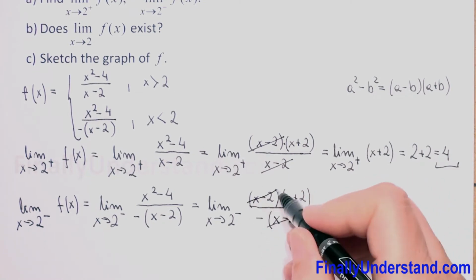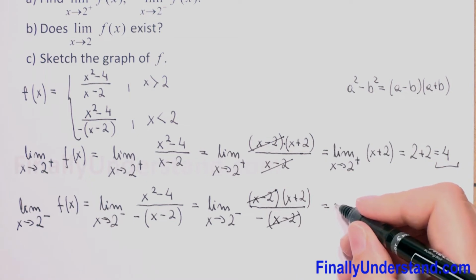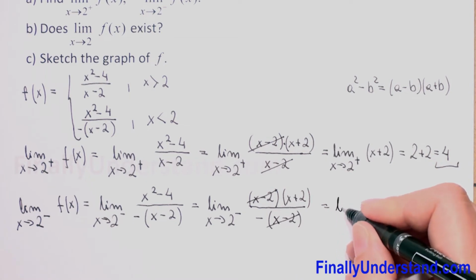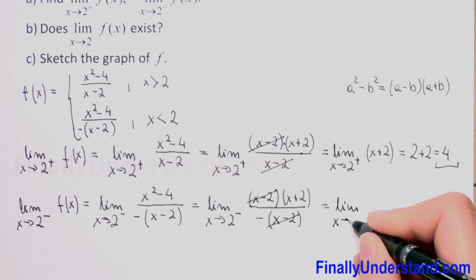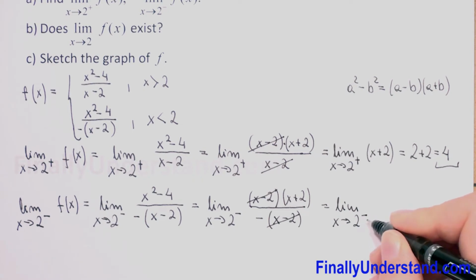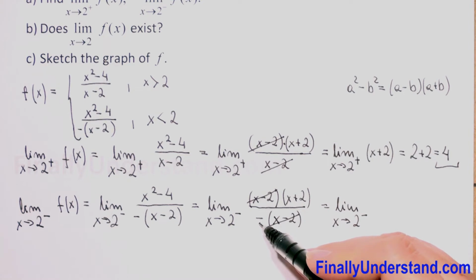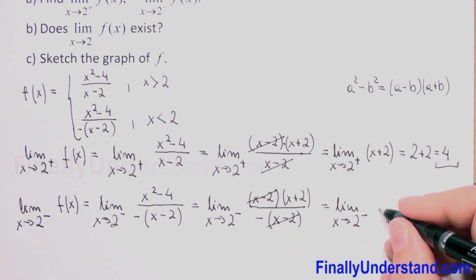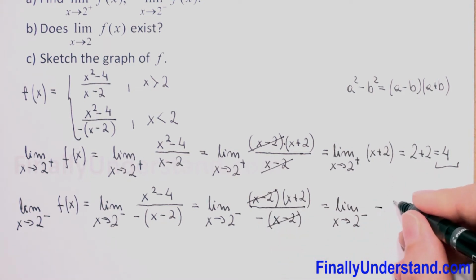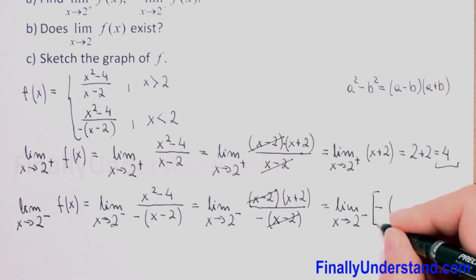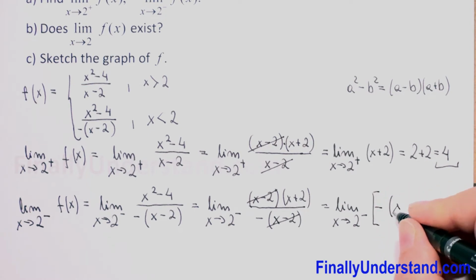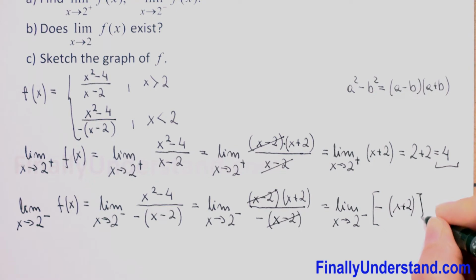I can reduce x minus 2 because I have multiplication, so I will have the limit as x approaches 2 on the left side of x plus 2 over negative 1. So I can put the negative before parentheses, and I will have x plus 2 inside parentheses.